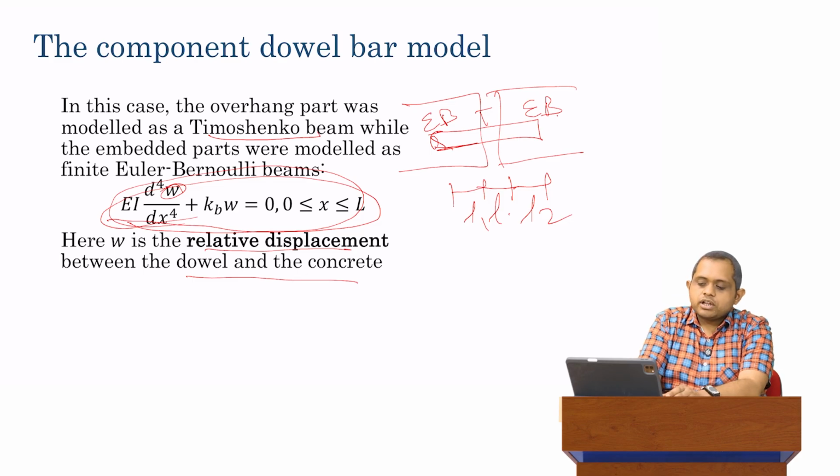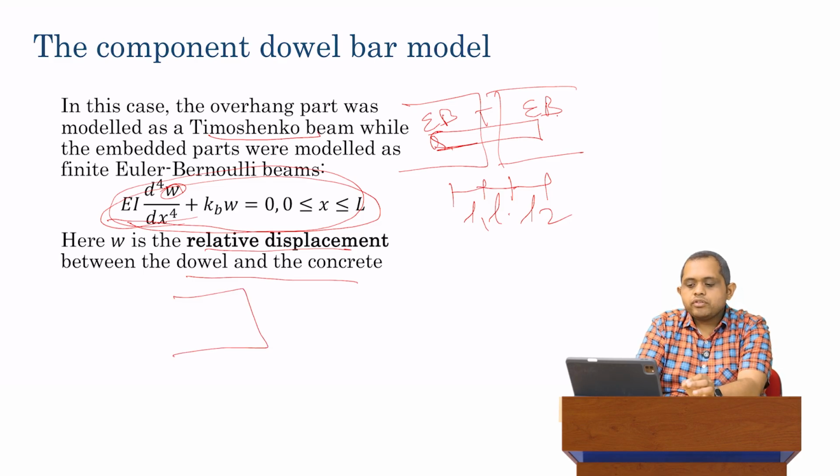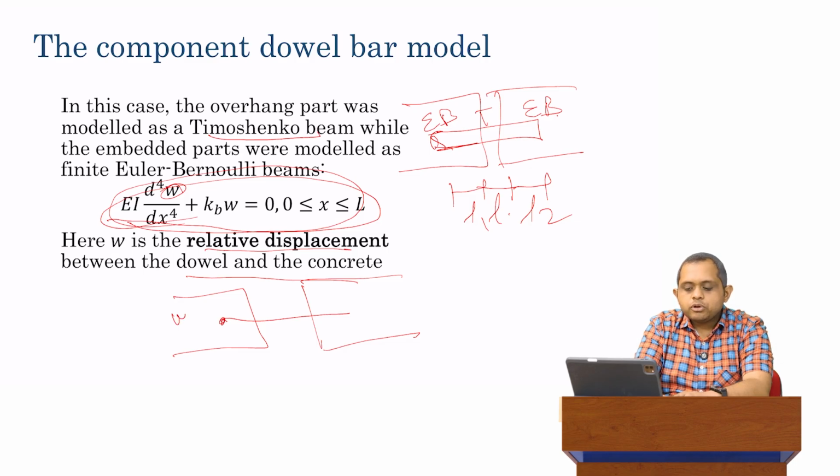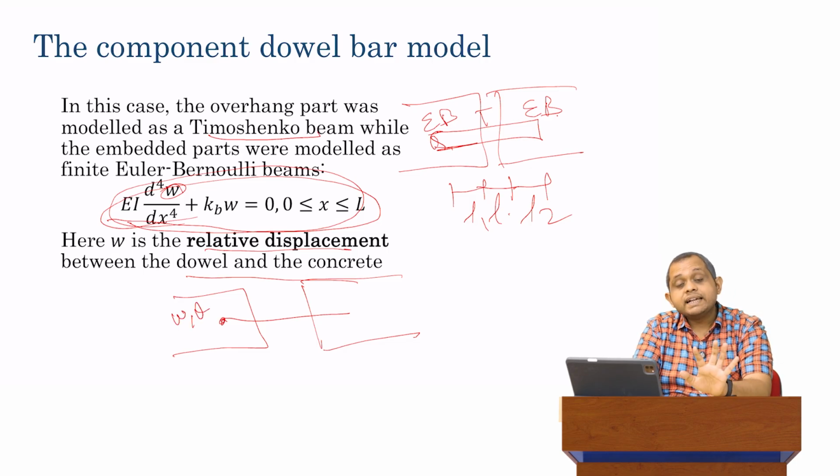So now, based on that, we can model it as follows. At each node, we no longer model the slab and the beam separately, but we just model the relative displacement between the two. Then at this node, we basically have W and theta, where these are the relative displacements and relative rotations between the concrete and the bar. Similarly, at this node we have W theta, this node we have W theta, and then this node we have W theta.